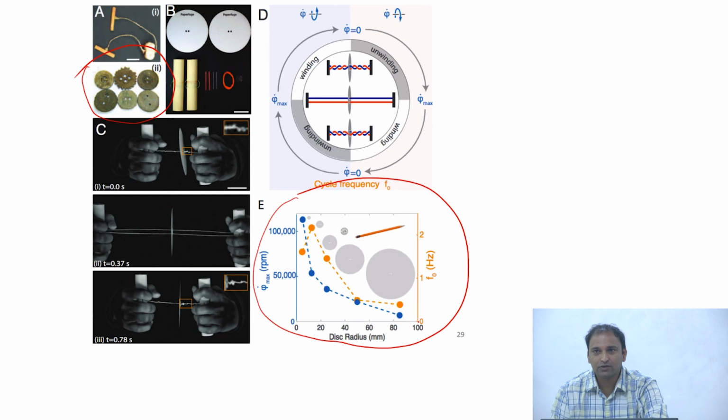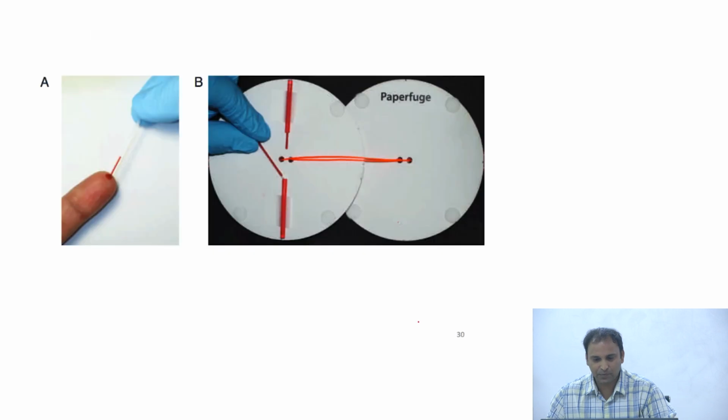It turns out that if you make it smaller, you rotate it faster. If you really want to go to very high G's, you would be using a smaller diameter disk, and if the diameter becomes larger, your speed is going to go down. So depending upon what kind of speeds you want to generate, you can exploit the fact that phi max varies with the disk diameter.